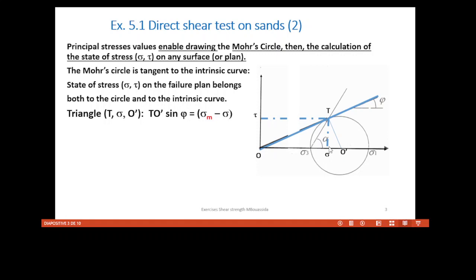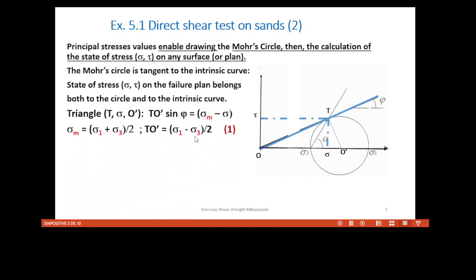So we can write in this small triangle that the radius of the circle T O dash multiplying sine phi, friction angle, this is 90 degrees, that is half of pi minus phi, so this is phi, and we have this relationship.